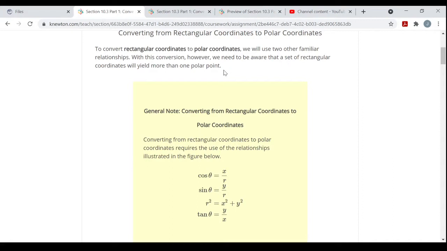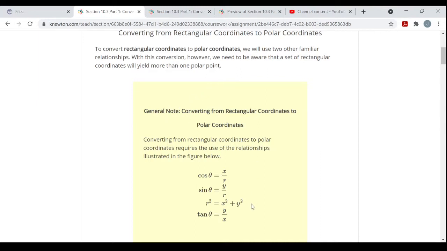Because if you recall from a previous video, there are infinitely many polar coordinates for a point. There's only one rectangular coordinate pair for a point, but there are infinitely many polar coordinates because all you need to do is take one of the r thetas, and then just keep adding 2 pi or subtracting 2 pi, and you'll land right back at the same position.